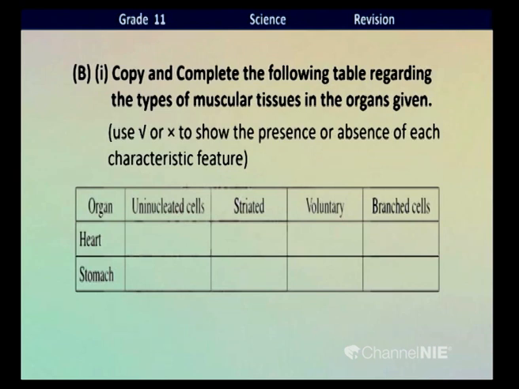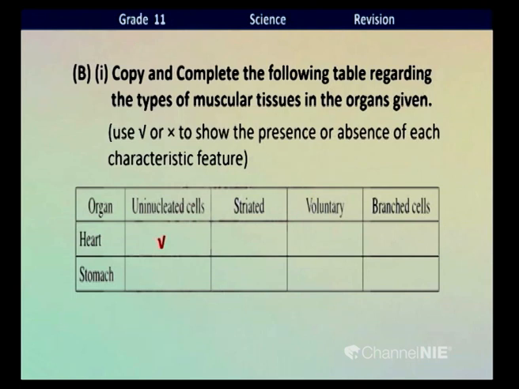Then we have to check whether these given characteristic features are available for the cardiac muscles in the heart and smooth muscle tissue in the stomach. We'll go one by one. Take heart first. The cells are uninucleated? Yes.